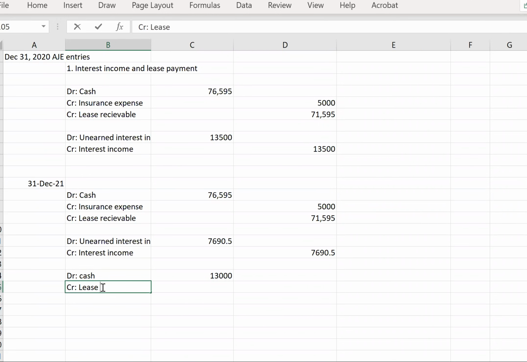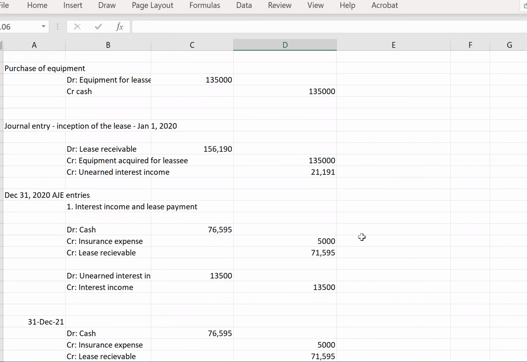So we need to clear that out in order for our lease receivable to be nil on our statement of financial position. Okay, so we've got that entry.